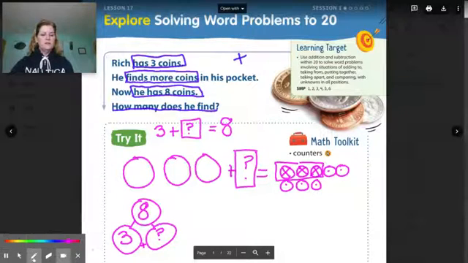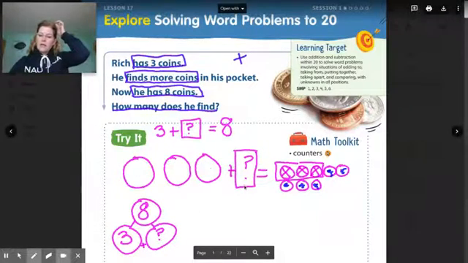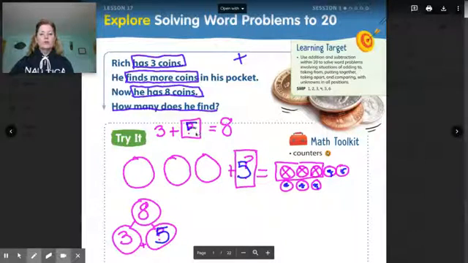In fact, let me do that in another color. 1, 2, 3, 4, 5. So here's the 3 that I started with. 1, 2, 3. And then I had to draw 5 more coins to make 8.